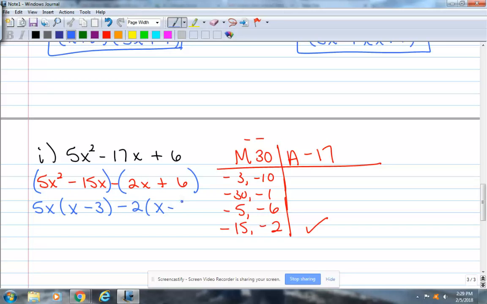And again, we can do like Coach Sway said, go ahead and copy it, but double check. Is this times this negative 2x? Is this times this a positive 6? Sometimes. It is today. So now we can write down our answer: x minus 3 and 5x minus 2. Very good.